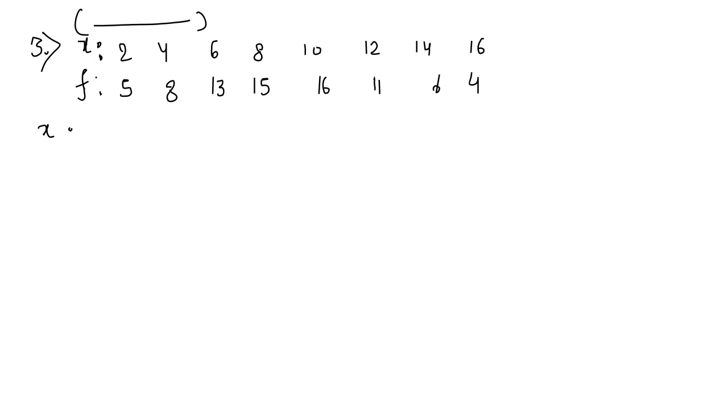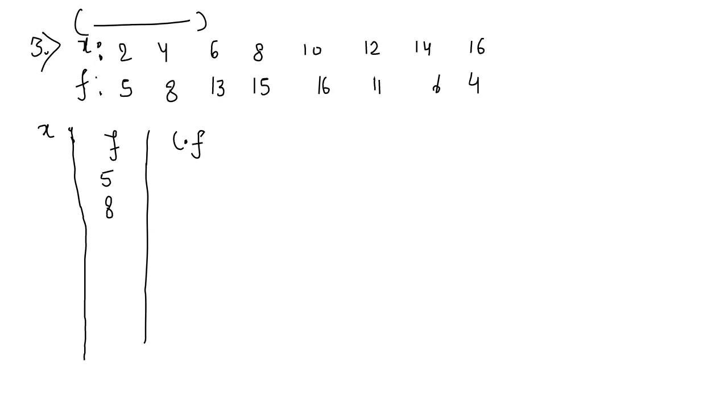So when discrete series is given, make a table. In the first column write down X, in the second column write down F, then calculate C dot F. Frequency is 5, 8, 13, 15, 16, 11, 6, 4. Calculate cumulative frequency. How to calculate cumulative frequency?